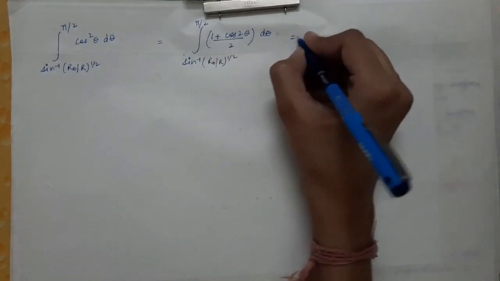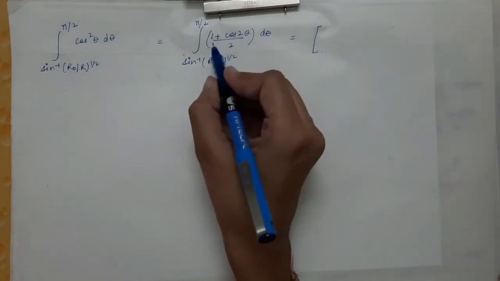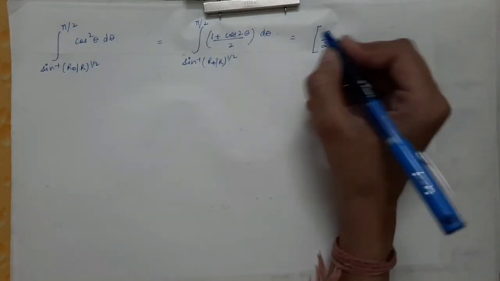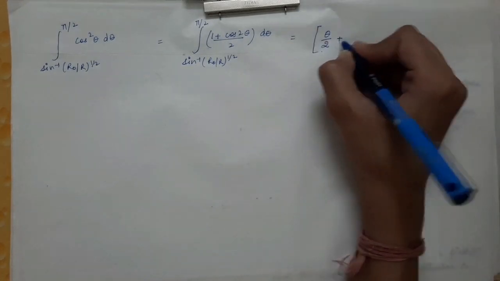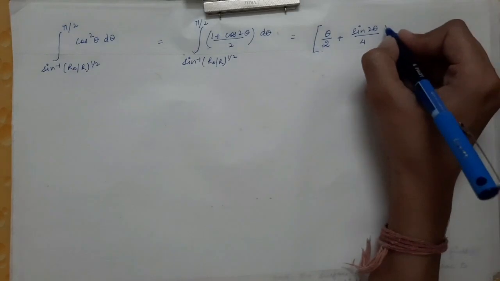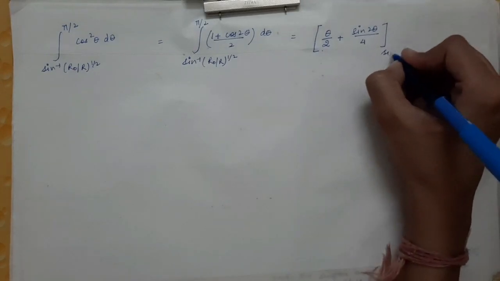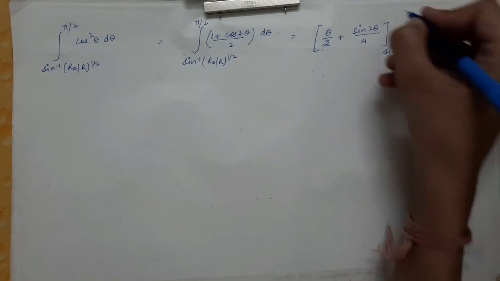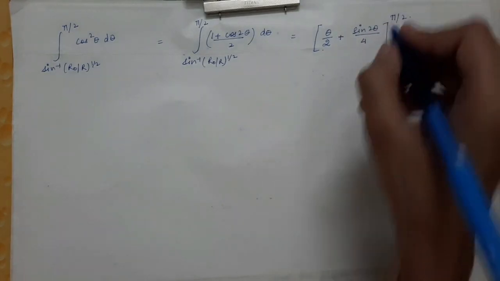That will be equal to theta divided by 2 plus sine 2 theta divided by 4, and the limits will be sine inverse (r naught by r) power 1 by 2, upper limit will be pi by 2.